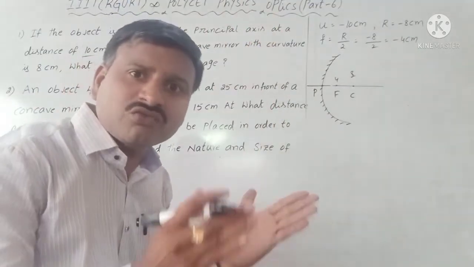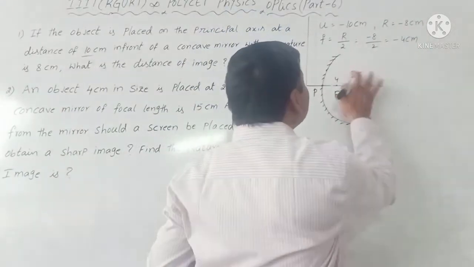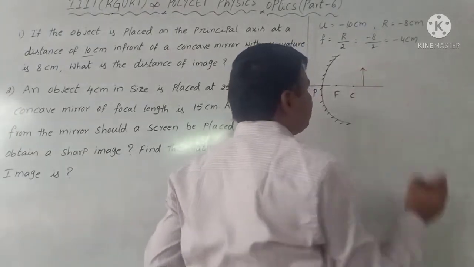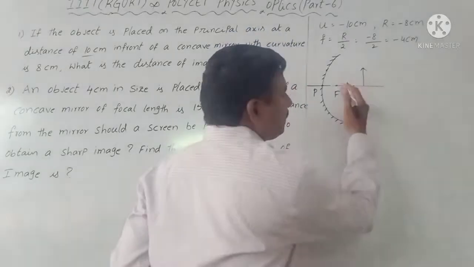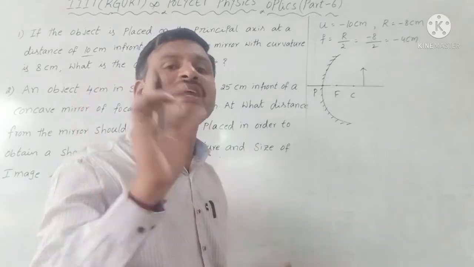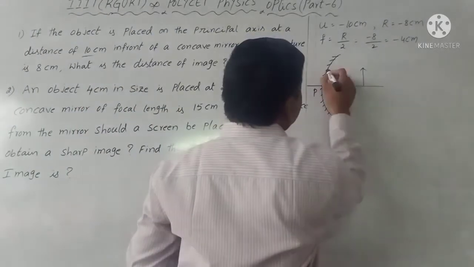10 centimeter means what? Beyond C. The object is placed beyond C. According to ray diagrams, when the object is placed beyond C, the image is formed between F and C. Then draw the ray diagram.